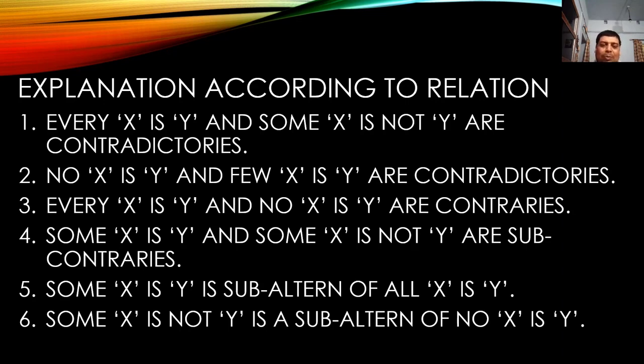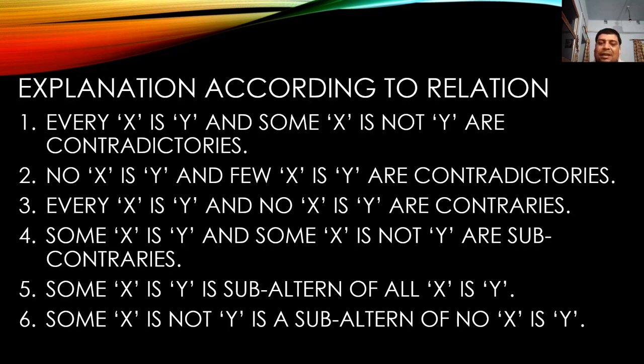Going down below, we say some x is y and some x is not y. They are subcontraries, meaning partially opposite to each other. The next type of relationship: some x is y is subaltern of all x is y, meaning it is coming under, it is subordinate. And some x is not y is a subaltern of no x is y.